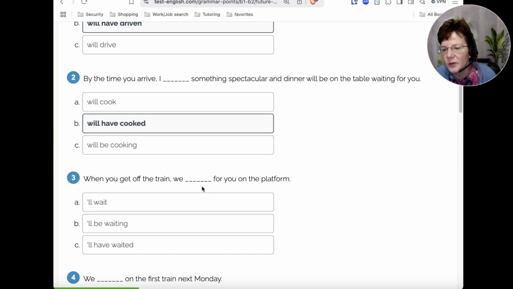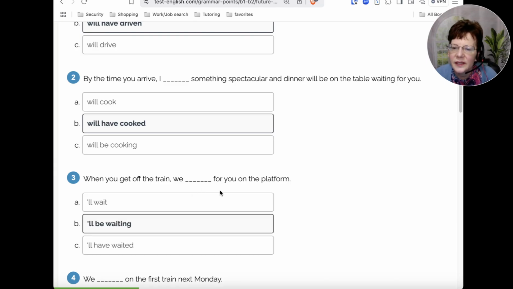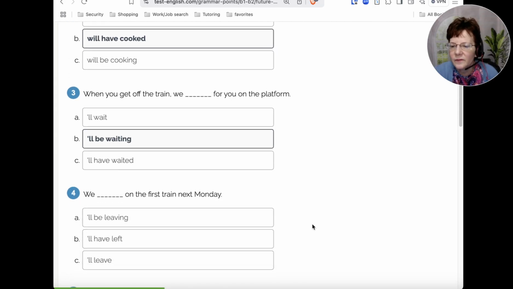If you chose option B, will be waiting, that would be correct because it showed that, I believe, in the chart there, one of the examples. So this will be in action here when you get off the train here.